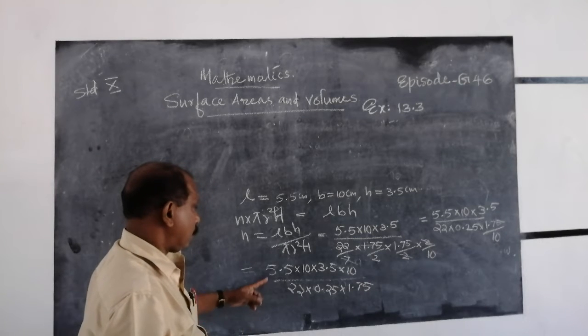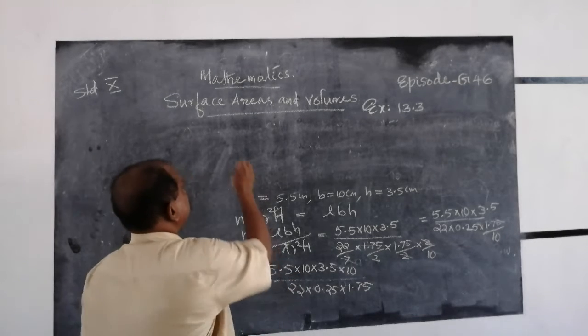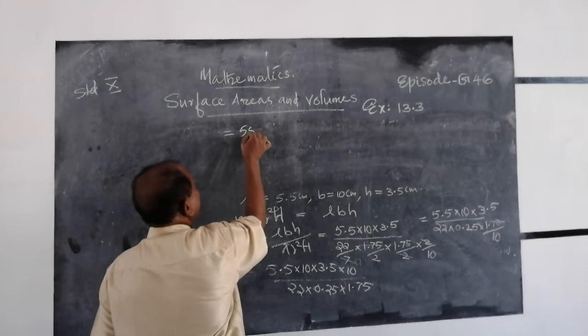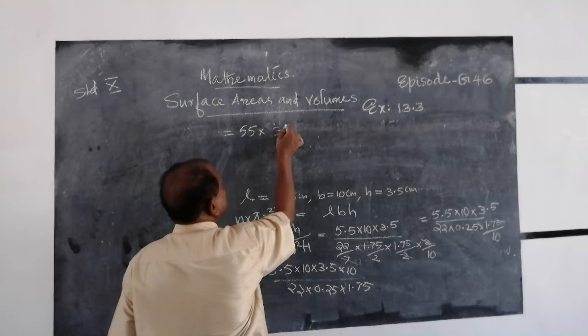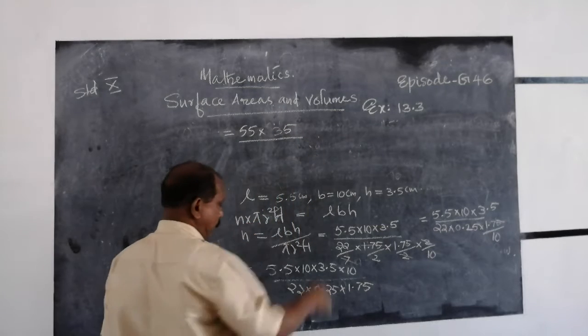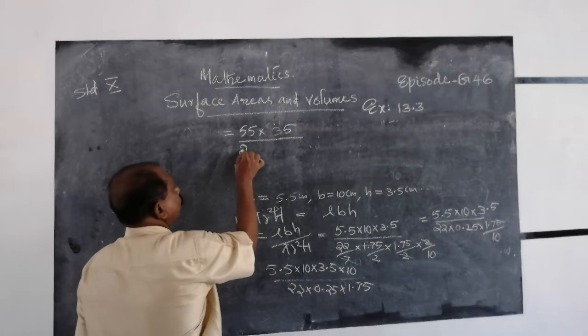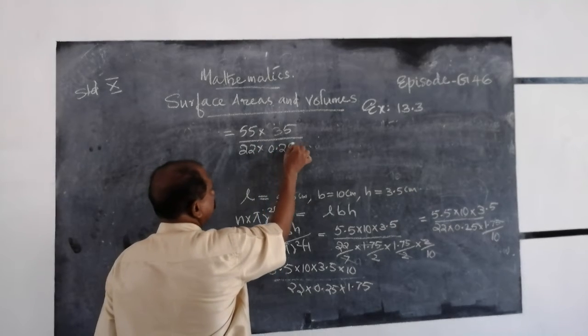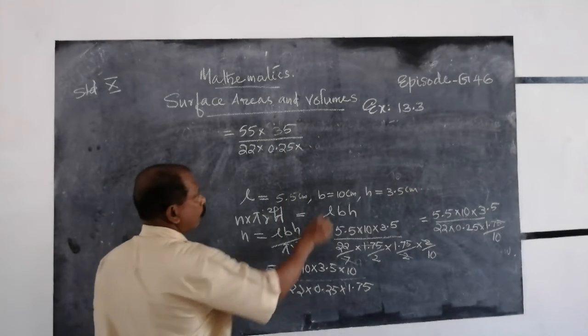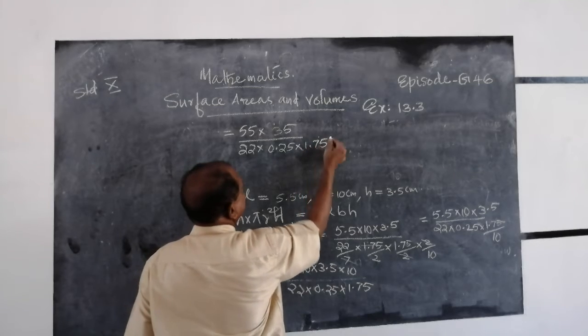Listen, 5.5 total, that is 55. 3.5 total, it is 75. Divided by 22 into 0.25 into 1.75.